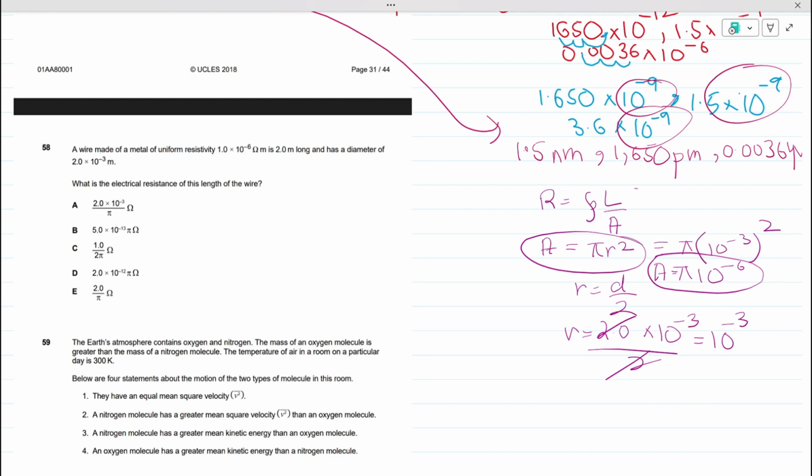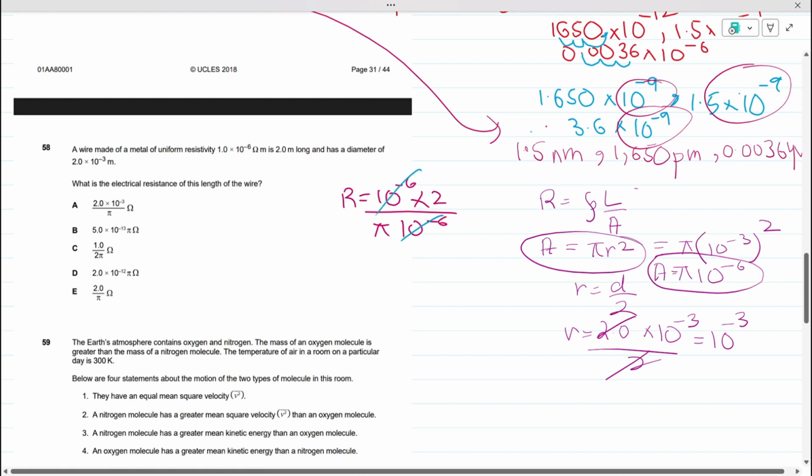Now we just substitute the values in the formula in order to find the answer. Resistance is equal to the resistivity, which is already given to us, 1 into 10 to the power minus 6, which I can write as 10 power minus 6 because 1 has no value, multiplied by length, which is 2 meter, upon the area, pi into 10 power minus 6.